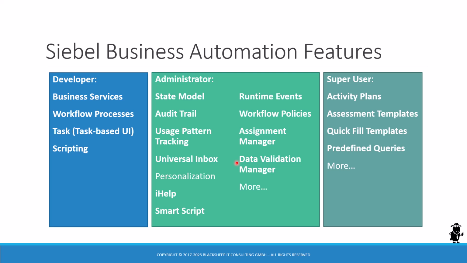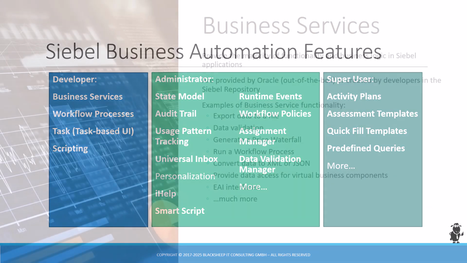And you also get an introduction to the Siebel expression or the Siebel query language, which is used all across the board in the repository and in the administrative layer of Siebel CRM. And we even throw in a chapter on super user features such as activity plans, assessment templates, quick fill templates, and predefined queries. So let's dive a little bit into some of these very interesting topics.